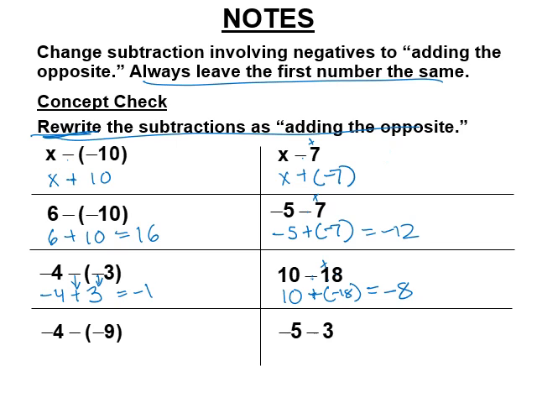Do these last two. So this is the same as negative 4 plus 9. And this is the same as negative 5 plus negative 3. The opposite of 3 is negative 3. This one is also negative 8. This one is positive 5.